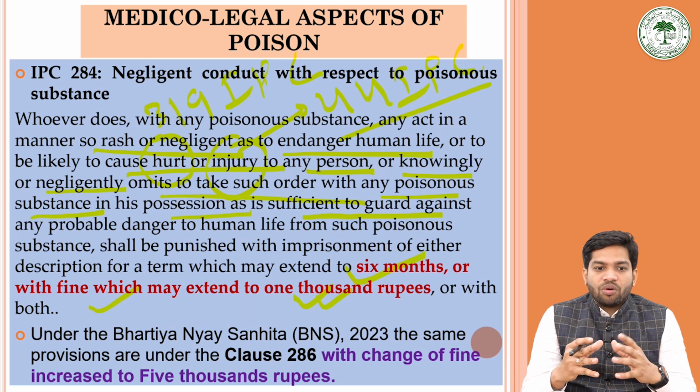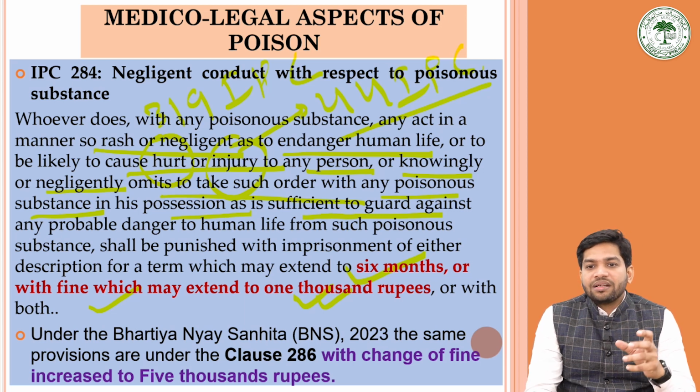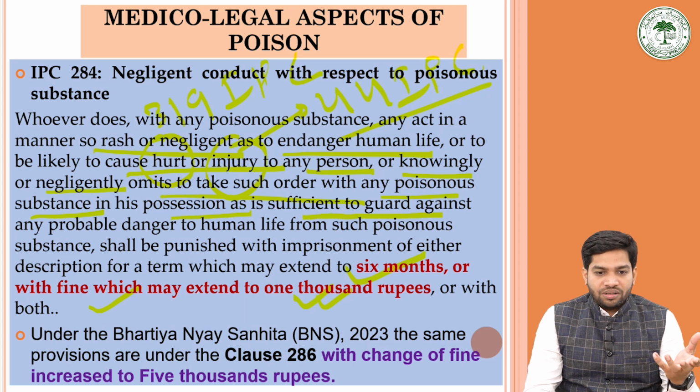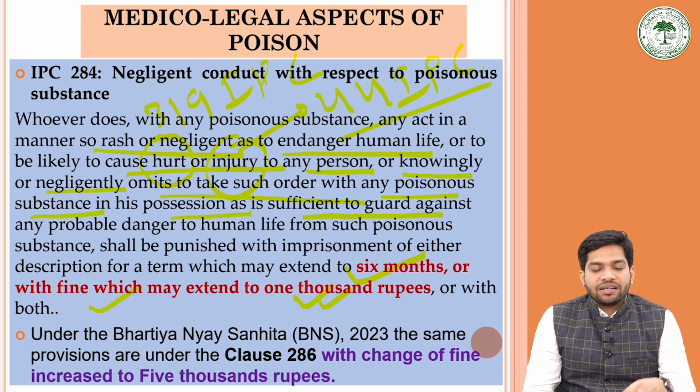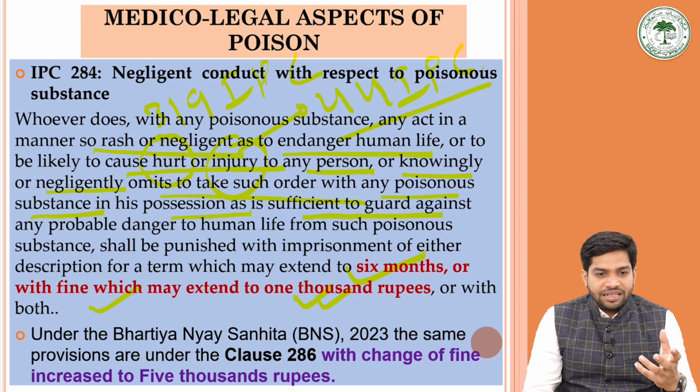For example, a housemaid working in your house leaves a toilet cleaner, which contains acid, on the table, a place where it is not to be kept, and a young child in your house drinks it believing it to be water.